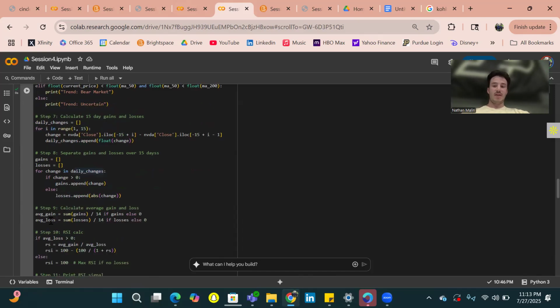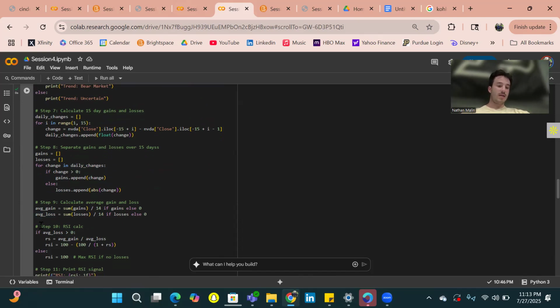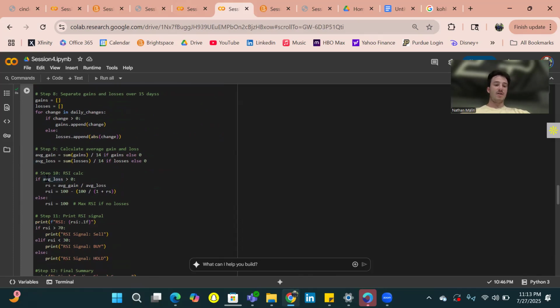So basically the RSI is calculated from the average gain, which is the sum of all these different gains in the last 14 days, so gains over 14, and then also the losses over 14. And then the RSI calculation is, if average losses is more than zero, because if you had a loss of less than zero we'd just get a negative RSI, which obviously in our validation can't happen.